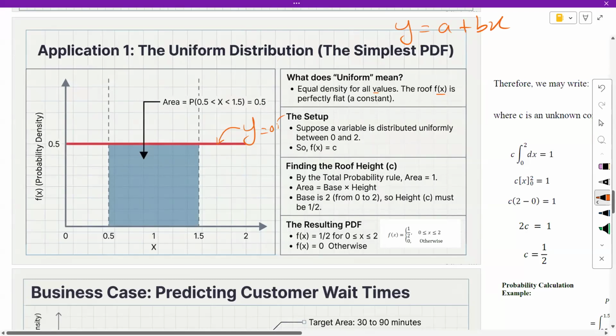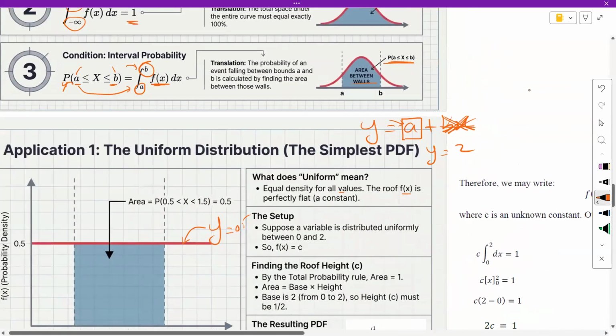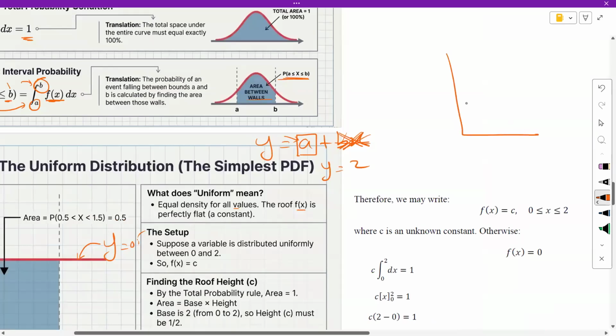But here, the uniform distribution means it has only this one value, without the slope term. For example, y equals 2 means in the graph we can draw it like this. So this is the graph.